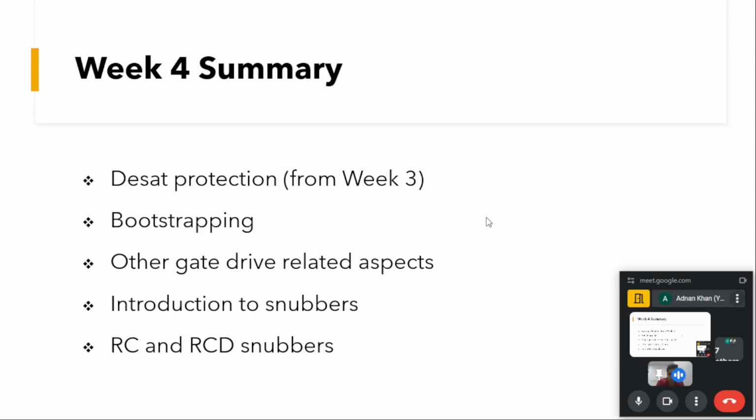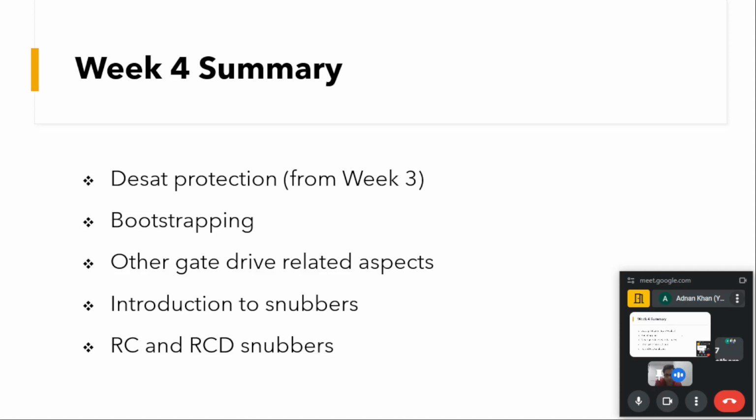I'll first be going through whatever has been taught in this week. Previously, one thing that was remaining was the DSAT protection, that I hadn't touched. After that, what had been taught in this week was bootstrapping. And the other two topics were other gate driver related aspects, and with that the gate driver module was completed.